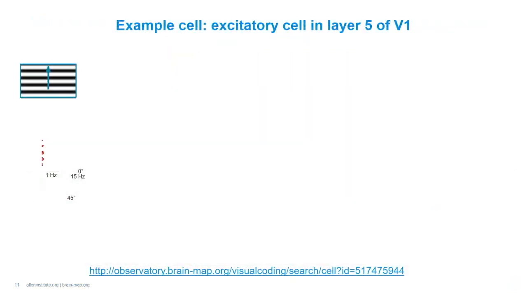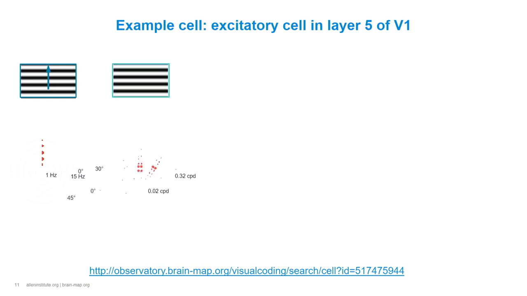So just to give you a sense of the type of data that we're seeing, here's one example cell. This is an excitatory cell in layer 5 of V1. We can look at its responses to all of our different visual stimuli. So in response to drifting gratings, these are gratings that move in 8 different directions and at 5 different speeds. This is one of the visualizations from our website, and we see that the cluster of red dots indicates where it's responding, which in this case corresponds to horizontal bars that are moving upwards at intermediate speeds here of about 2 or 4 hertz.